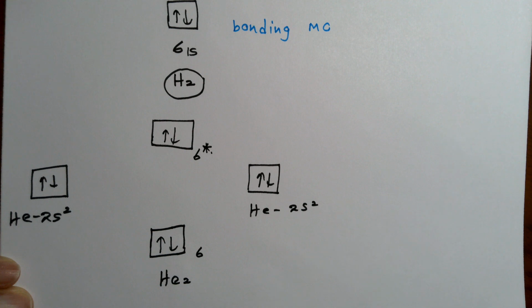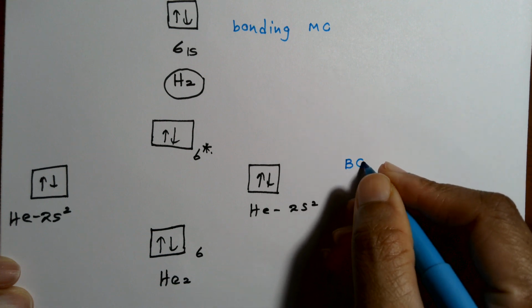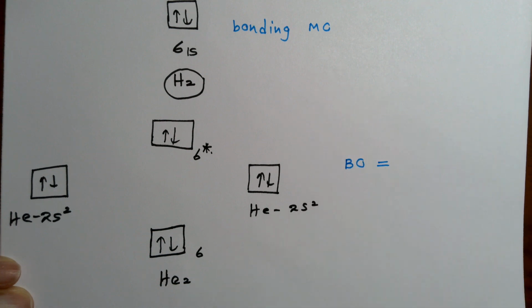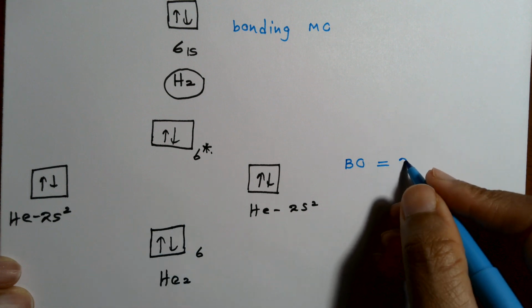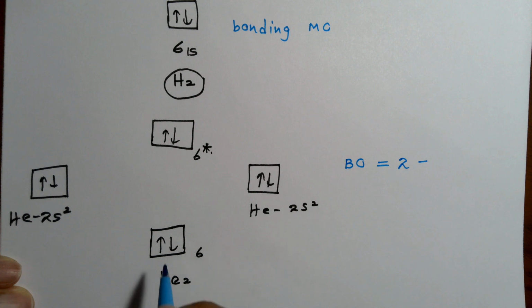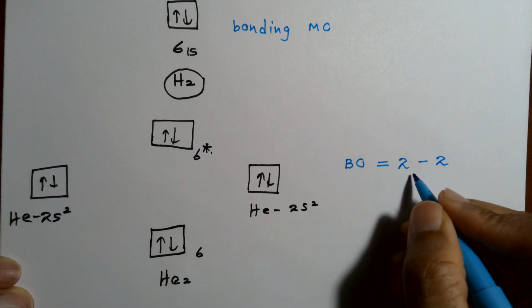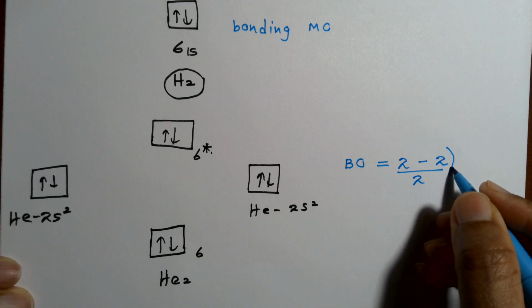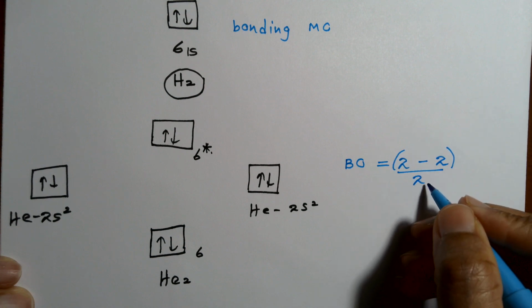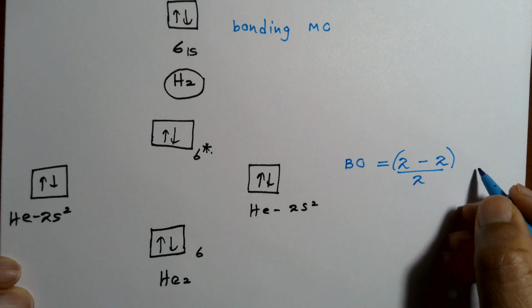Now let's calculate the bond order for this hypothetical molecule. Bond order is equal to the number of electrons in bonding molecular orbitals, 2, minus the number of electrons in anti-bonding molecular orbitals, 2, divided by 2. So 2 minus 2 is 0, and 0 divided by 2 is 0.